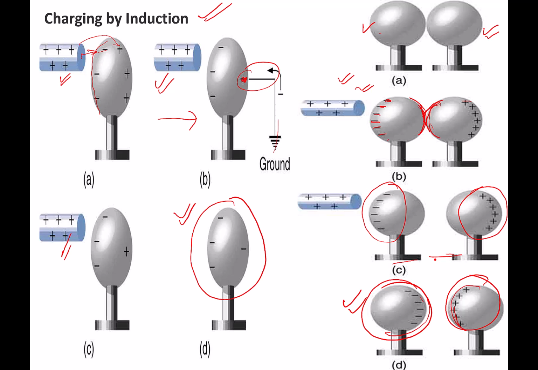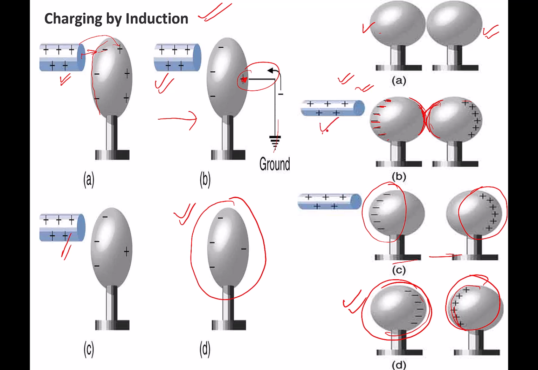So the electroscope was used in the earlier studies of electricity, and you cannot tell the sign of a charge just by that, but we do use Coulomb meters to check whether it's a positive or a negative charge.